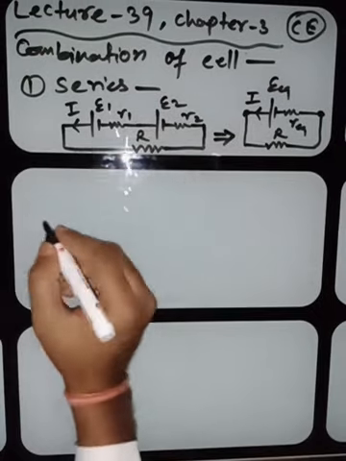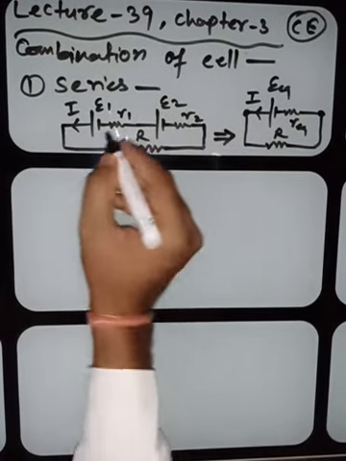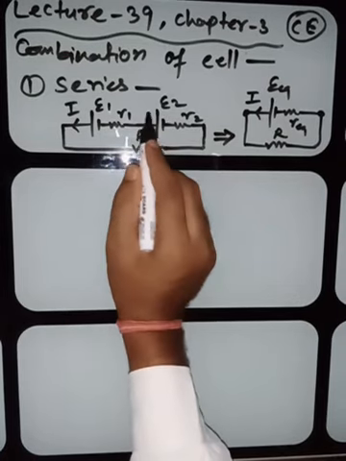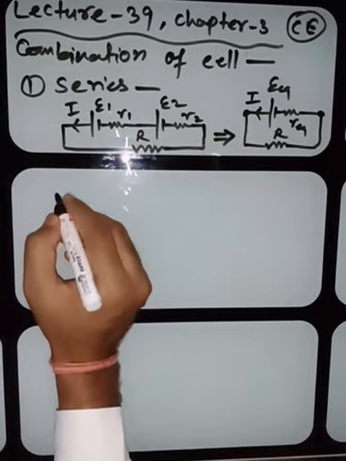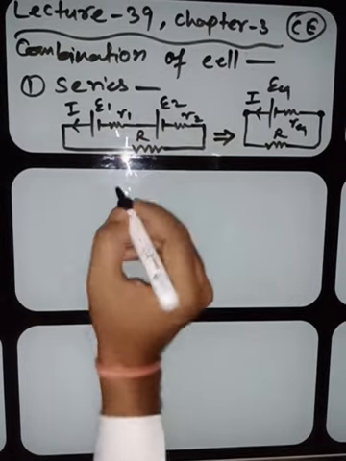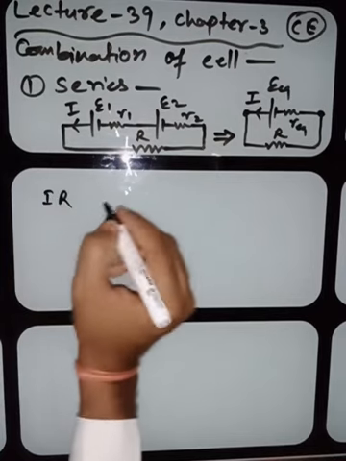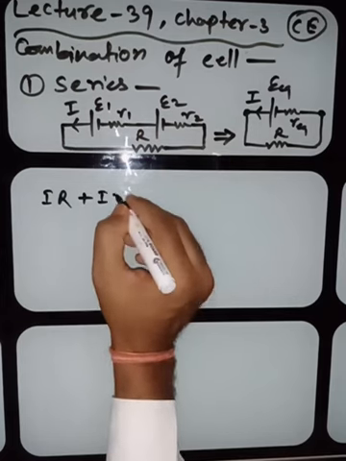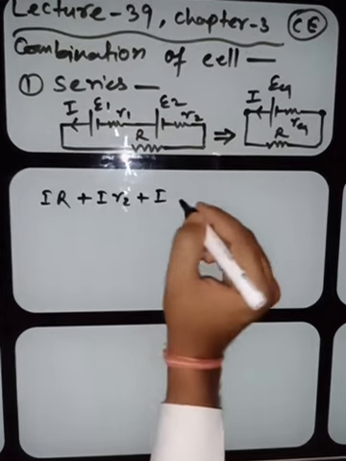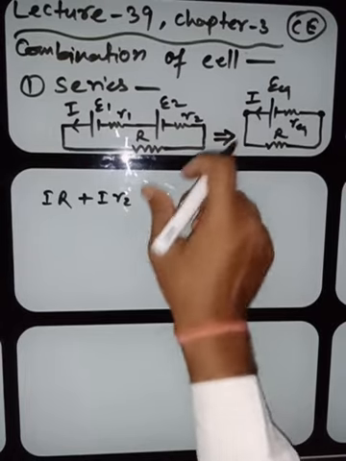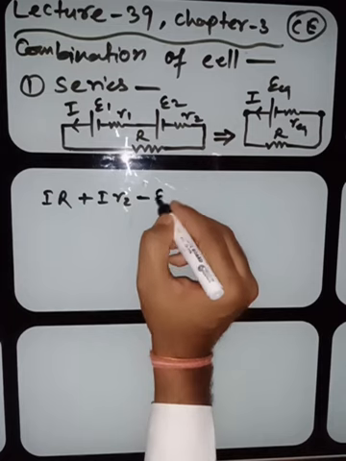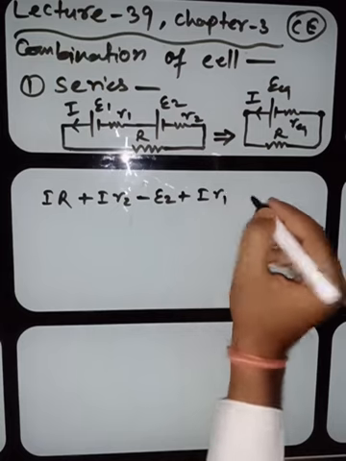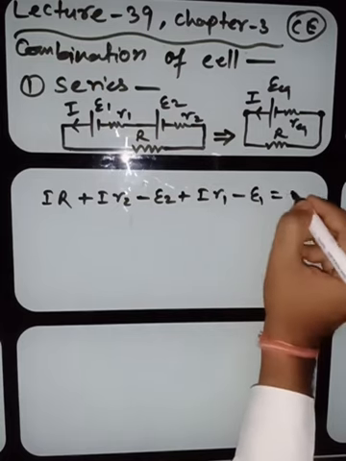Now we can write, my dear student, the voltage across this entire network using Kirchhoff's law: I R in the direction of flowing of current we are going, plus I R2 plus I, next we meet with the cell, so minus E2 plus I R1 minus E1 is equal to 0.